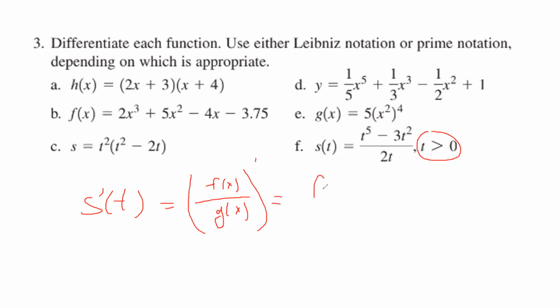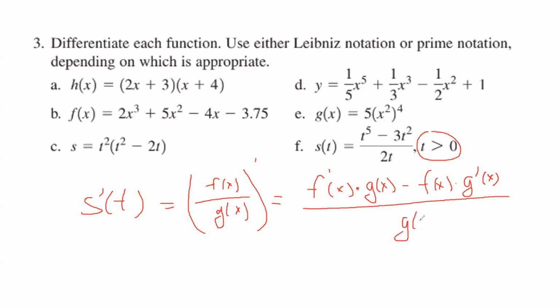Then the next step would be f prime of x times g of x, subtract f of x times g prime of x, divided by g of x squared.